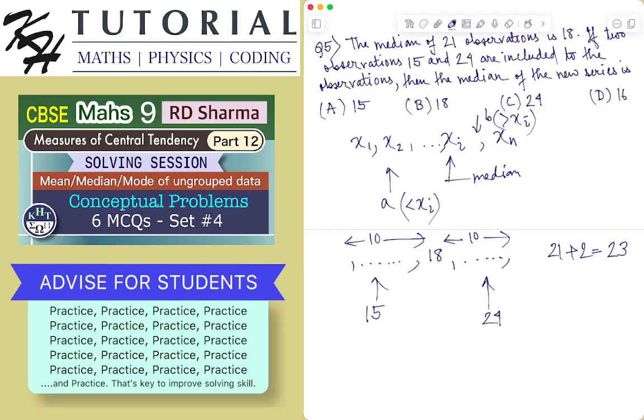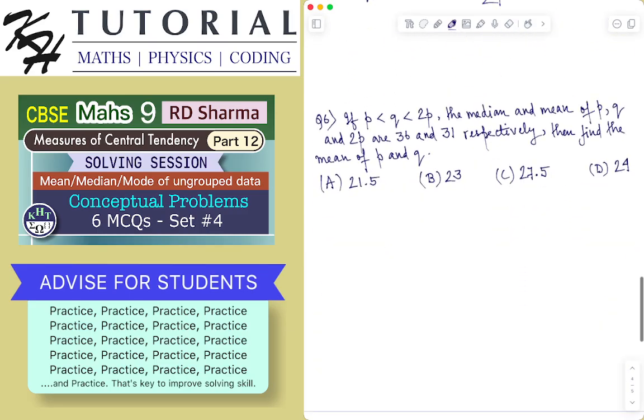So if you are given an odd number of observations and you know the median, and if two values are added, one less than the median and one greater than the median, always remember that the median will remain the same. So in this case the median will still be 18. So the correct choice is B.